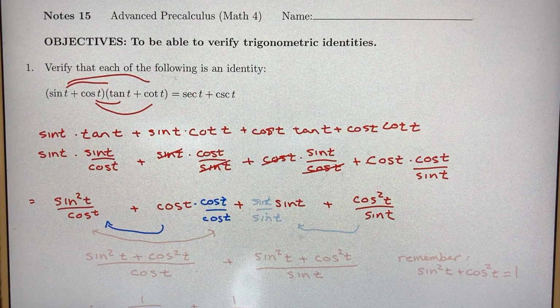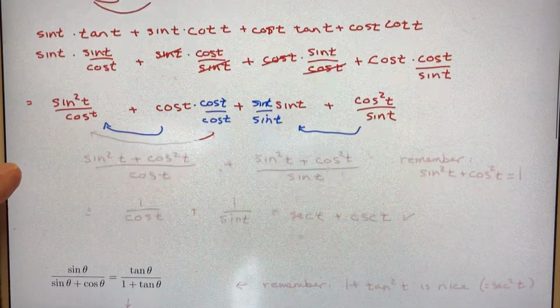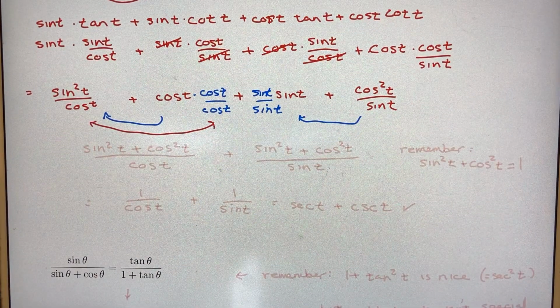And then I can do the same thing with this other term, sine t over sine t, makes that into sine squared over sine t, and cosine squared over cosine t. So I'm going to just write that down with the common denominator. So I'm combining these two together. They have a common denominator.